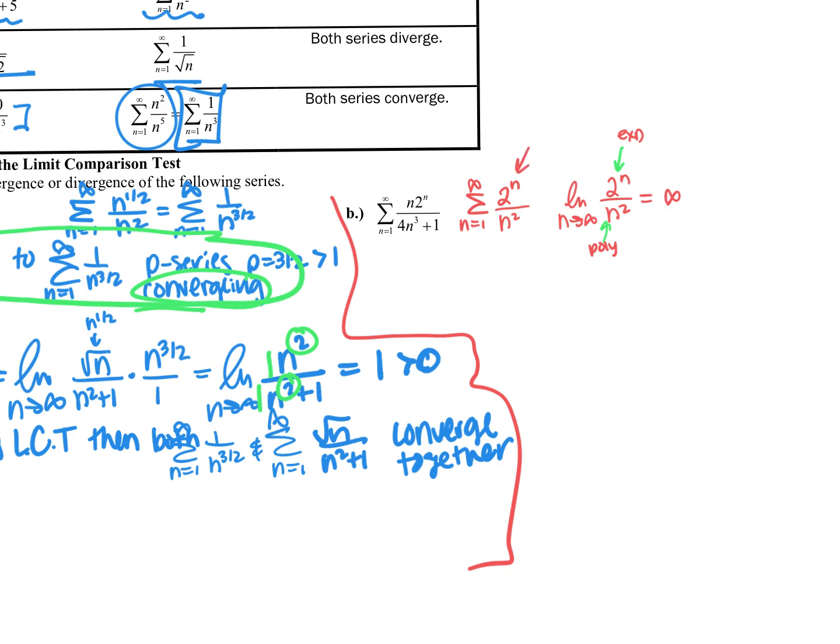So this guy here, we say diverges by the nth term test. Because remember, as long as this is not 0, then that will diverge by the nth term test. If you get 0, it's inconclusive. So just a reminder of that.